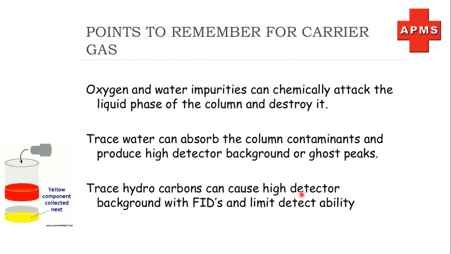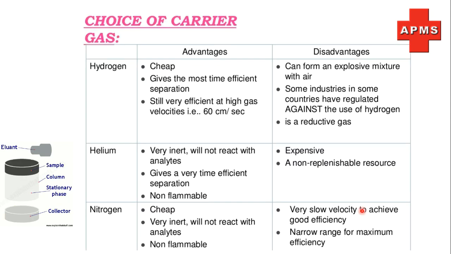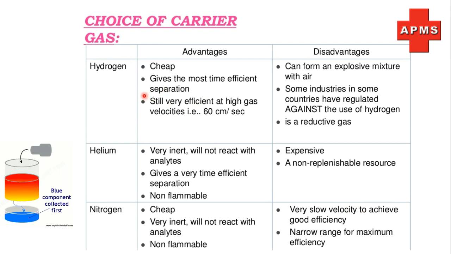Trace hydrocarbons can cause high detector background with FIDs and limit detectability. Now the choice of carrier gas. These are some well known carrier gases used in gas chromatography instrumentation. First, hydrogen.